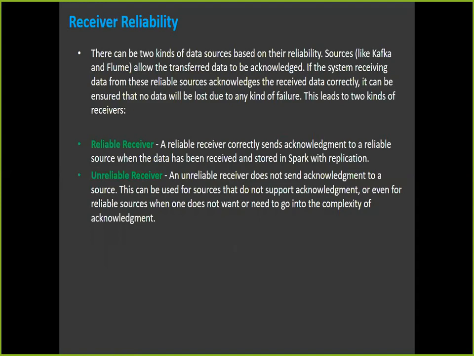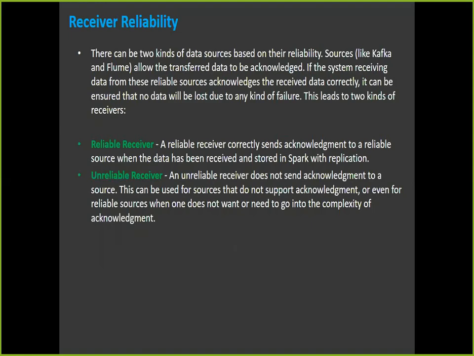As I have shown you in the previous slides, once the blocks are received by your receiver and replicated onto another machine, if that receiver sends an acknowledgement back to the source, not to the driver, then those types of receivers are called reliable receivers. If it does not support acknowledgements, then it is not called a reliable receiver.